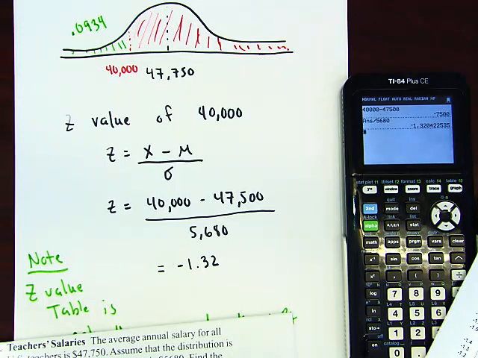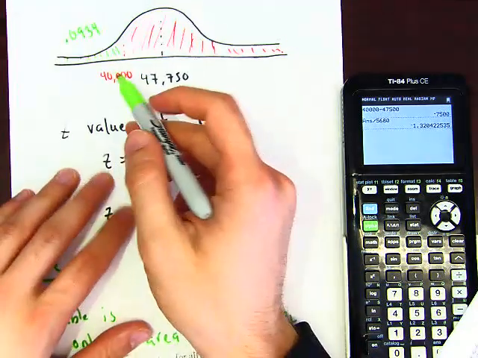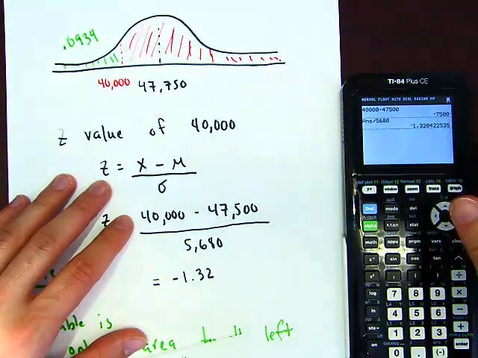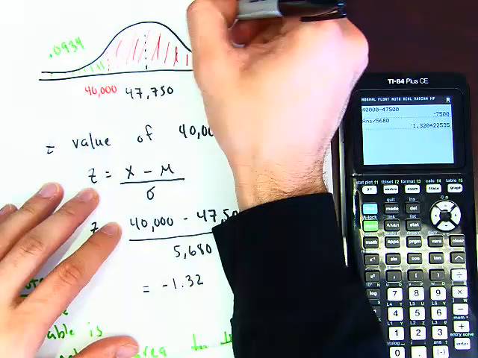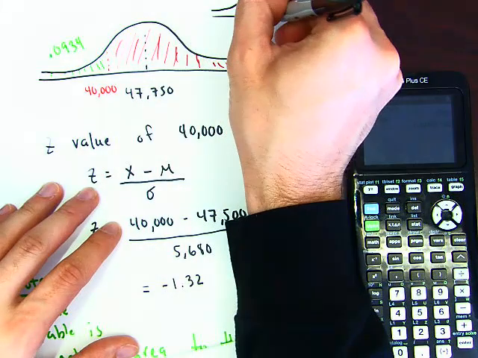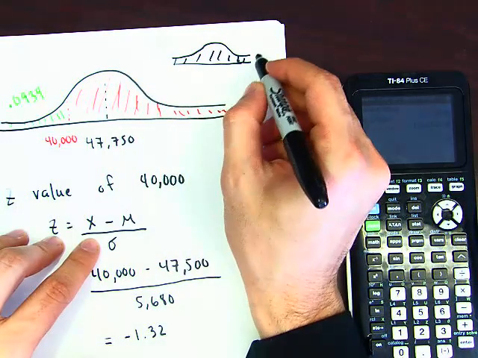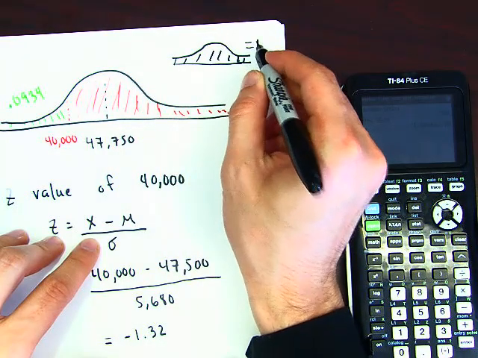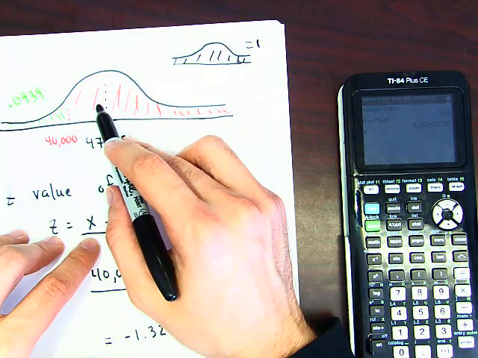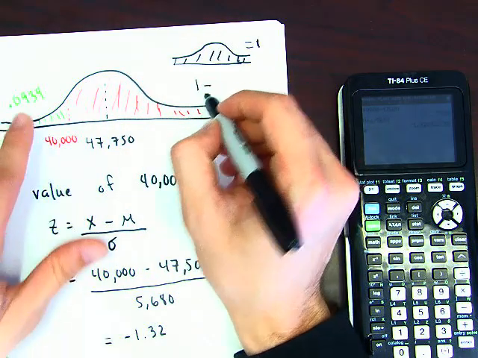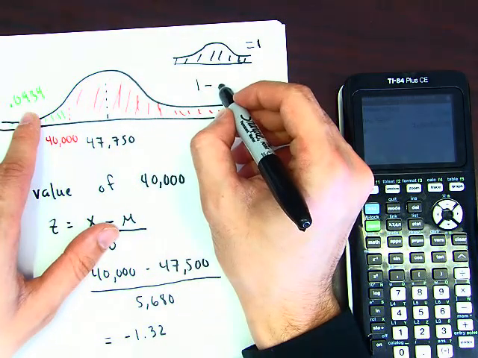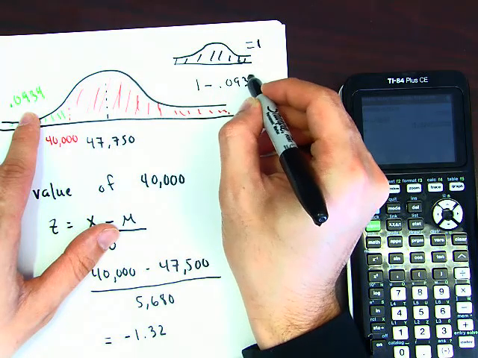And like I said before, remember that if I have some curve, the area of the whole entire curve is equal to 1. So if I want to find the area of the red, I just have to do 1 minus the area of this green. So I just have to do 1 minus 0.0934.